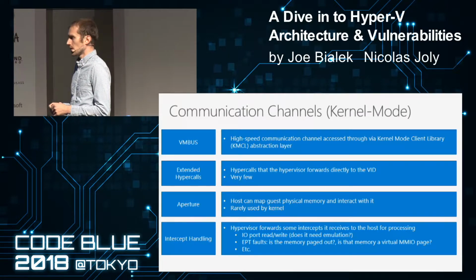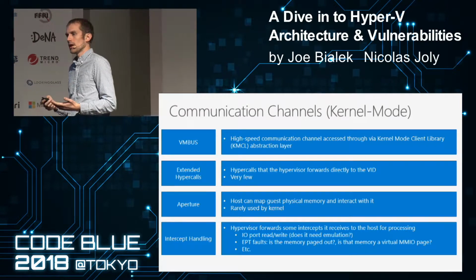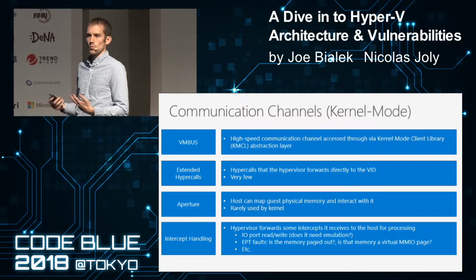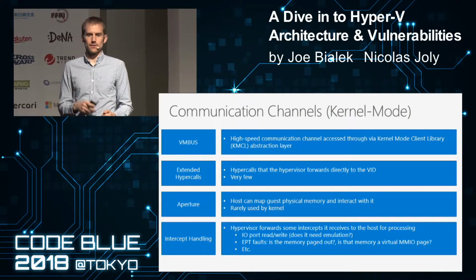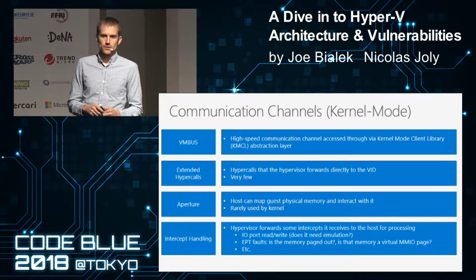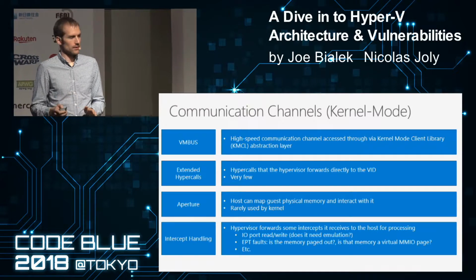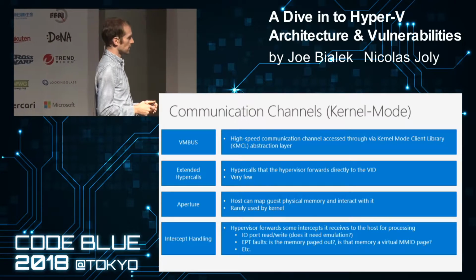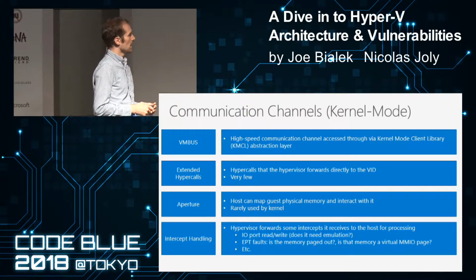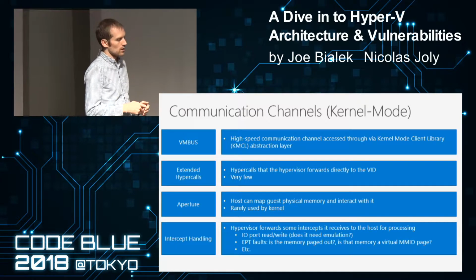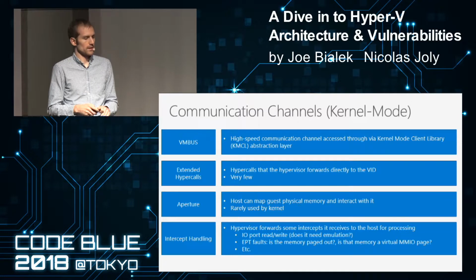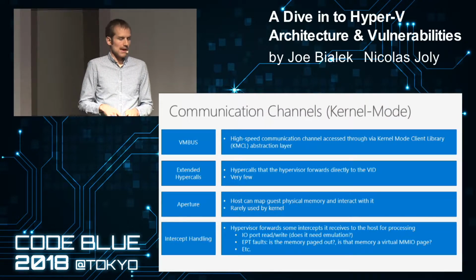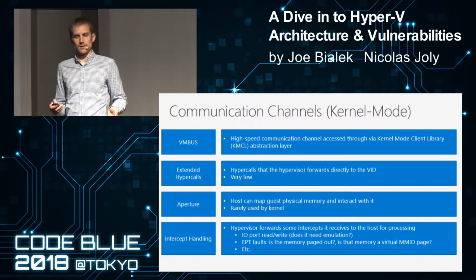An extended hypercall is just a hypercall that the hypervisor doesn't want to handle itself, and it just forwards directly to the vid to handle. There's very few of them, and they're not very complicated, but I just wanted to call it out for completeness. We also have what we call apertures, and I'm going to talk more about that on the next slide because they're really used more by user mode components. And then once again, we have intercept handling here.